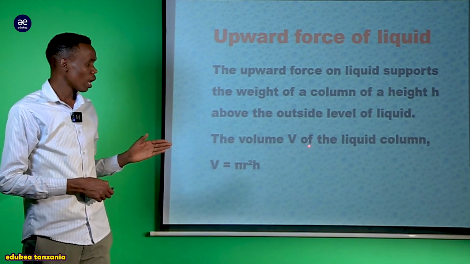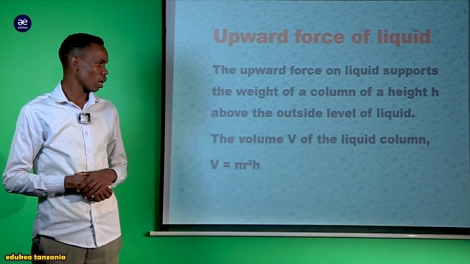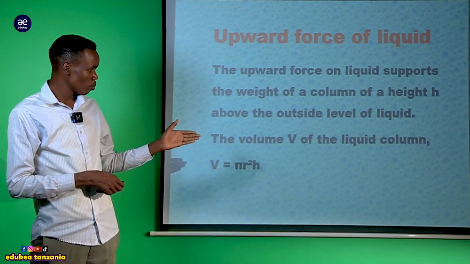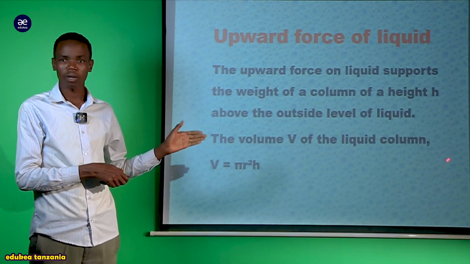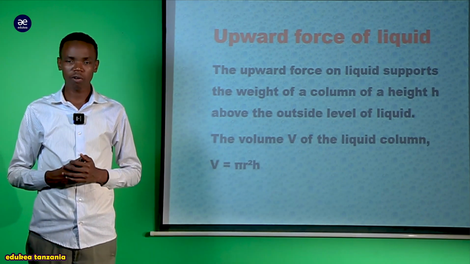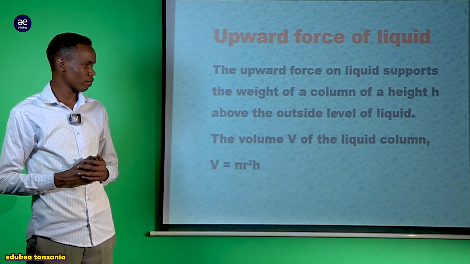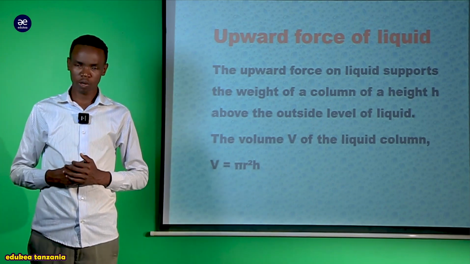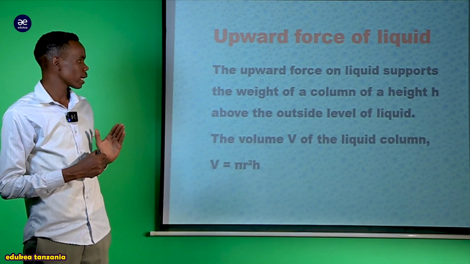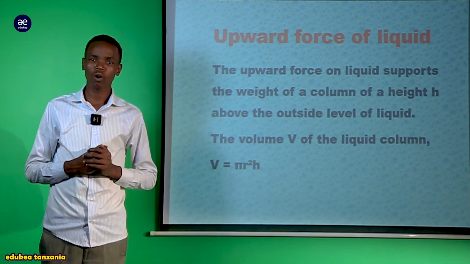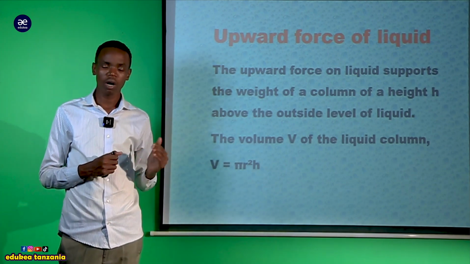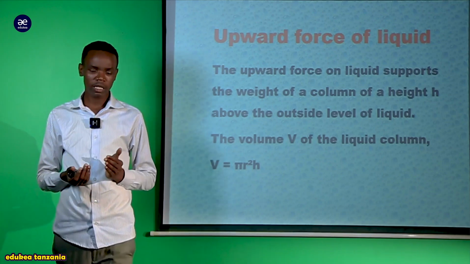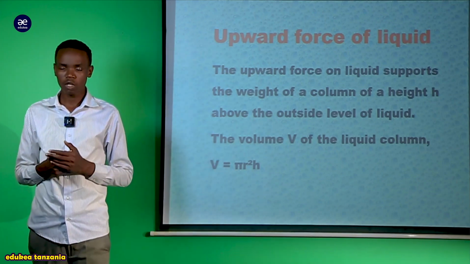Now, the volume of the liquid column is represented by the symbol V, as we observe here, my lovely students. Its formula is pi r square h. Why do we say that the volume of the liquid column must equal pi r square h? Because it extends with the presence of the height.